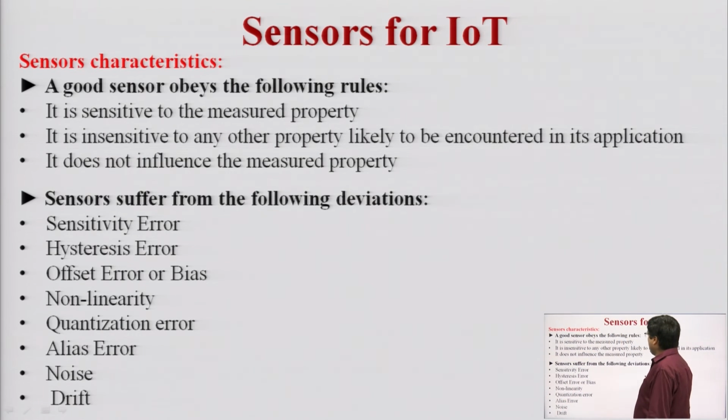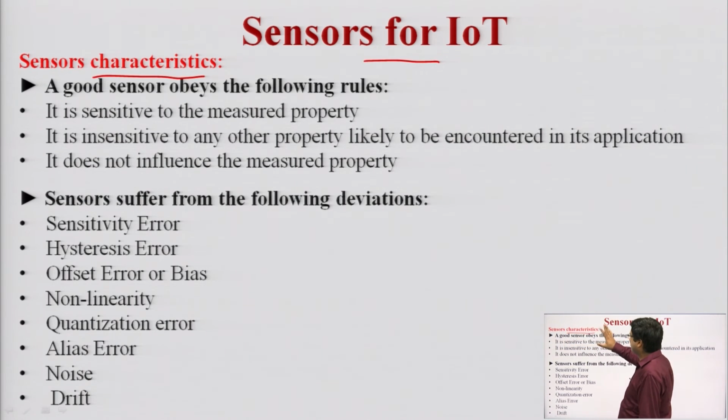So, now the next topic under sensors for IoT is what the various characteristics of a sensor should be. We will discuss some of the important characteristics of sensors. Before going into the characteristics, we will see what a good sensor, an ideal sensor, is.